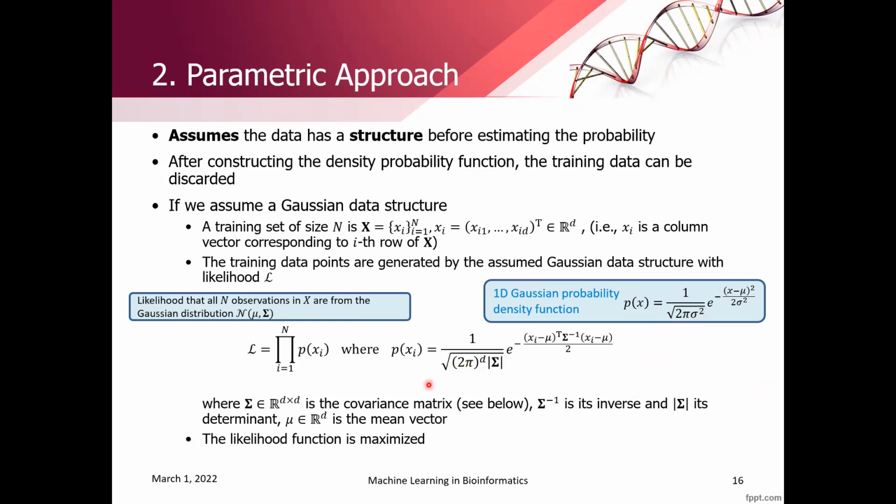But in case of multidimensional Gaussian, where D is the dimensionality, we need a not so simple formula for this exponent because we need the covariance matrix sigma and its inverse, sigma to the minus first power.